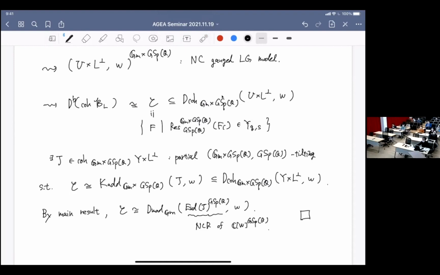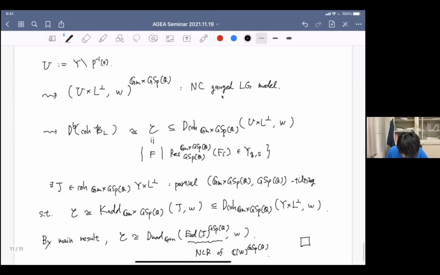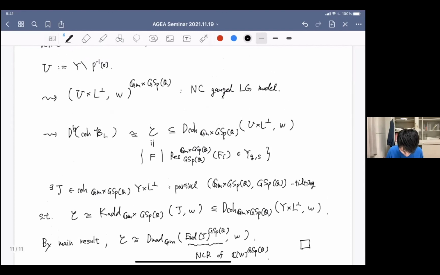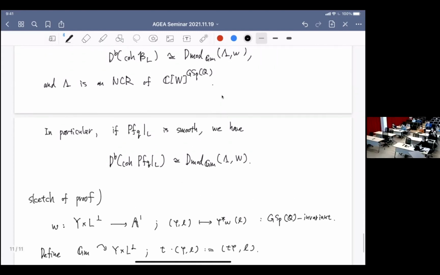So I'm kind of curious, why do you call it the Landau-Ginzburg model? Sorry, where? Why is the name... Name? Yeah, Landau-Ginzburg.